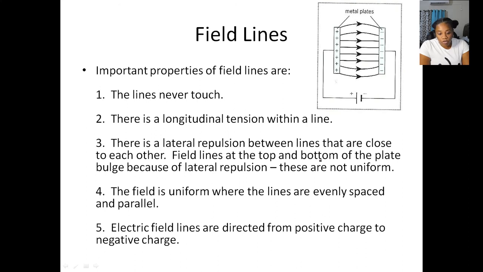These are not uniform. 4. The field is uniform where the lines are evenly spaced and parallel. You can see it here. So they're very straight in between here. As you reach the end, they're not equally spaced, and so they start to bulge. Electric field lines are directed from positive charge to negative charge, so you need to remember that.